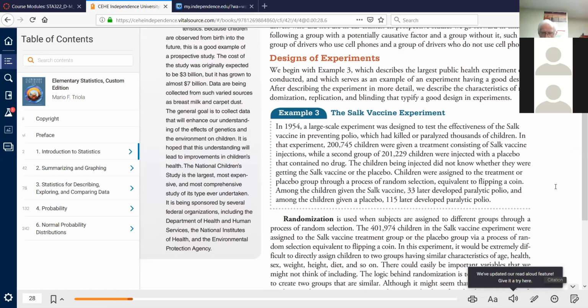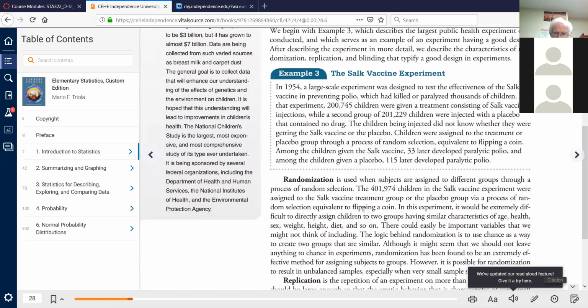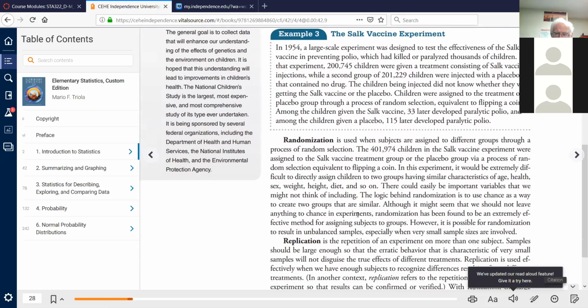Today, the parents would have to sign off on this. This is too long ago. But what happens is nobody was supposed to know who got what, especially the children didn't know this, and their parents didn't know this. So we randomly did that to prove that we could remove bias from the study.